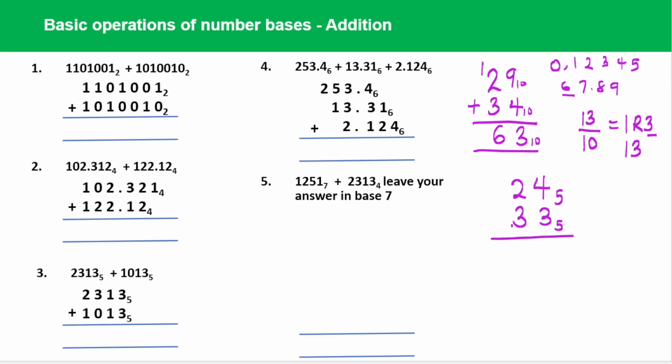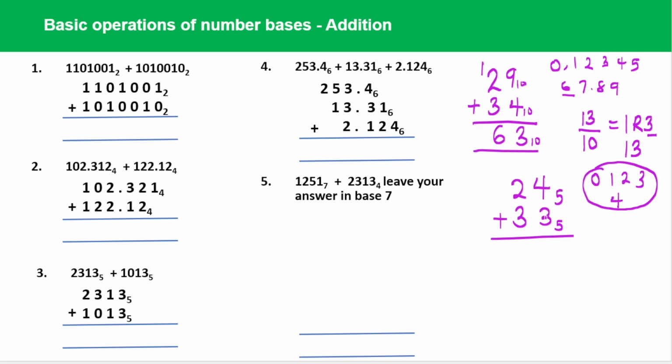Now if we were to add these two numbers in base 5, note that base 5 digits include 0, 1, 2, 3 and 4. These are base 5 digits. In my addition, I must not have a digit or an answer that is above any of these digits. My answer must always be less than my base.